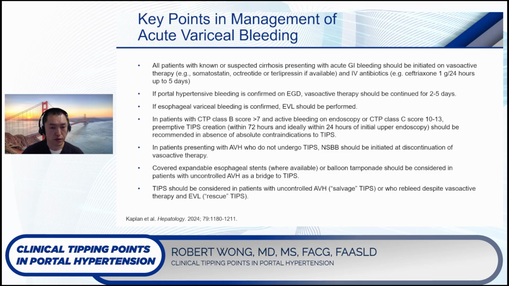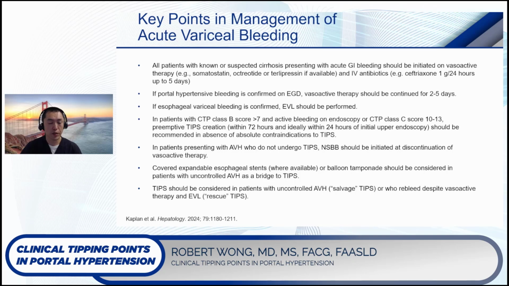And this is some of the data that we're going to talk about with some specific studies in some of the subsequent slides. What about non-selective beta blockers? In patients who present with acute variceal hemorrhage who don't undergo TIPS, non-selective beta blockers should be started for prevention of rebleeding, secondary prophylaxis, because these are patients who have bled and you're trying to prevent recurrent bleeding.